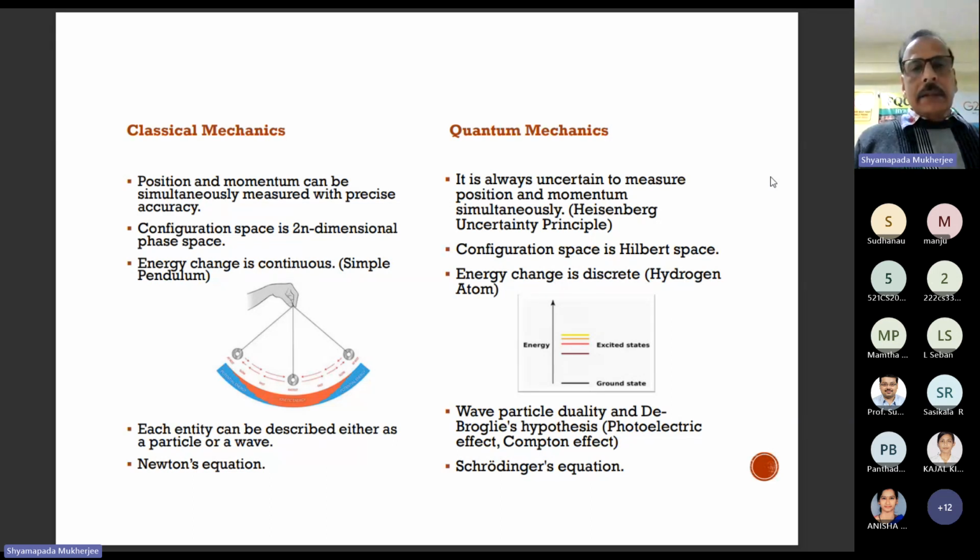The first excited state will be minus 13.6 by 4, the next minus 13.6 by 9, and so on, for n equal to 1, 2, 3, 4. If you closely observe, as you go up, the difference between the energy levels decreases. When n becomes very large, the energy change is very, very small, so you think the energy change is continuous, but it is not.